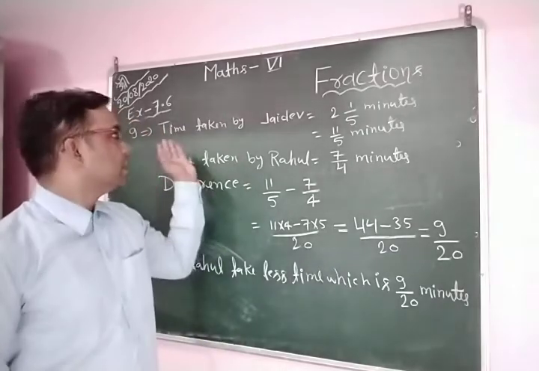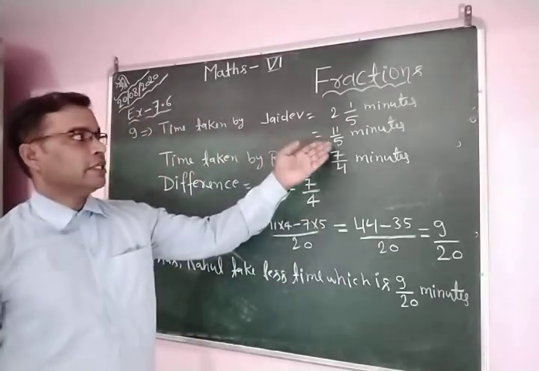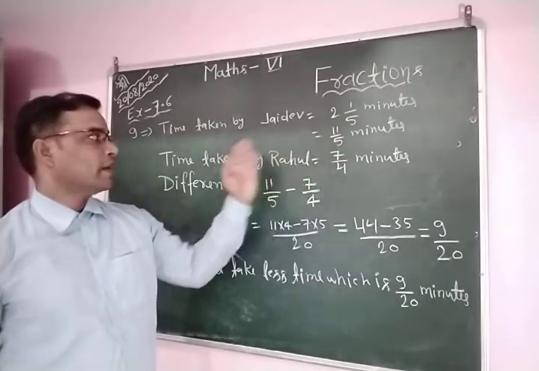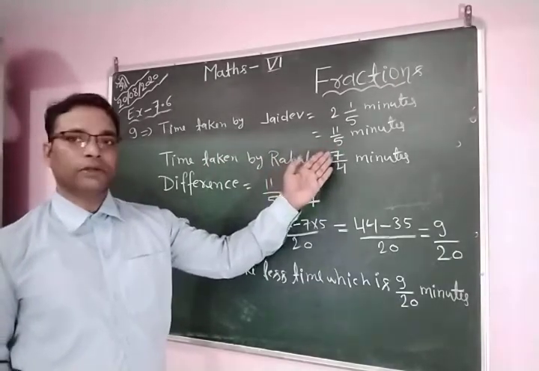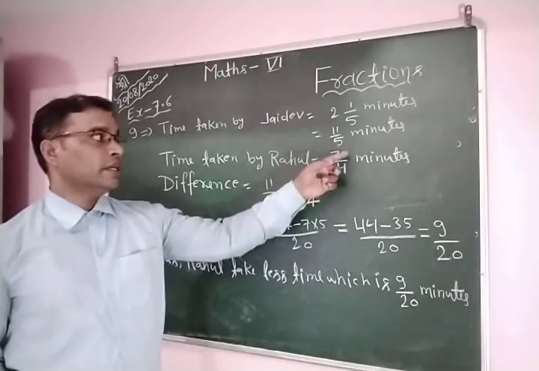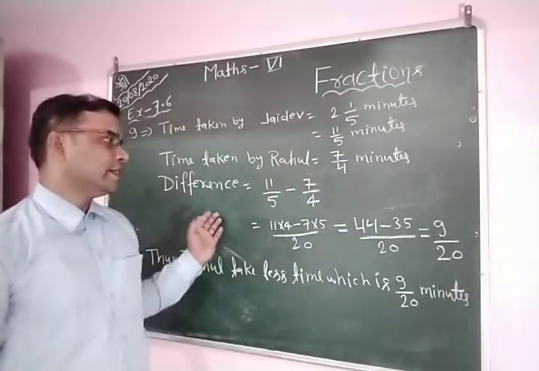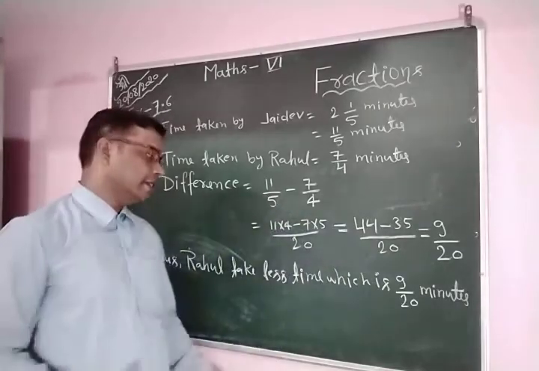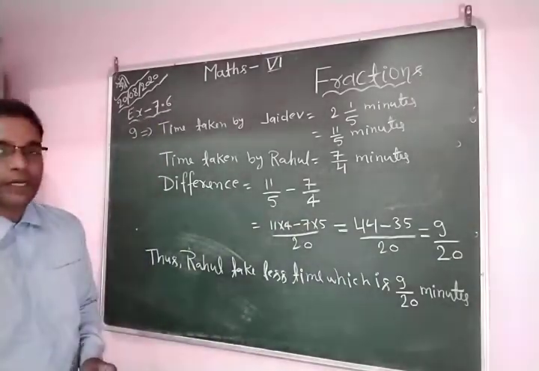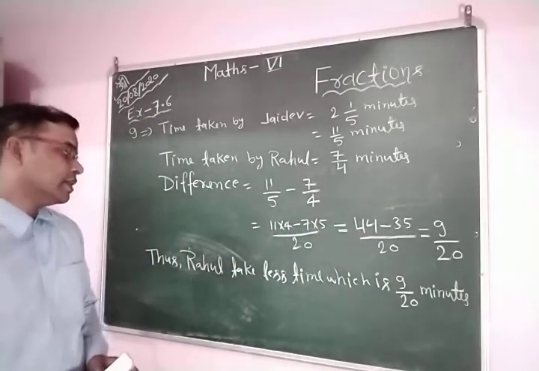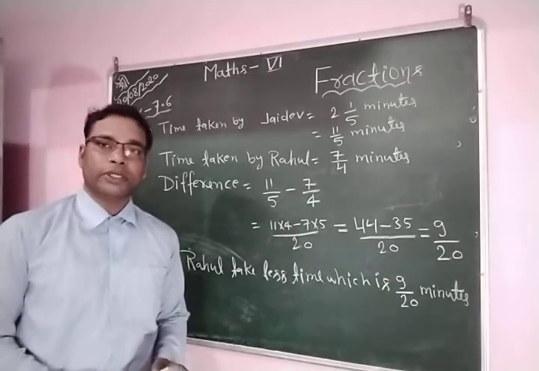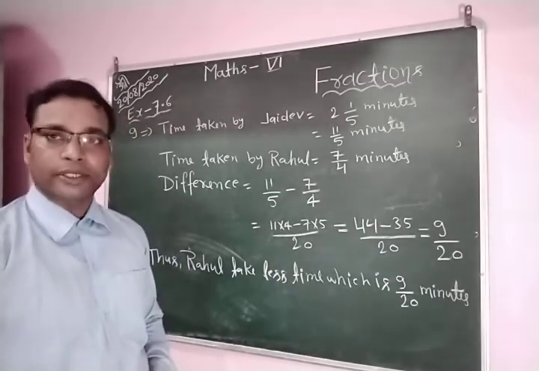The time taken by Javed is 11/5 and the time taken by Rahul is 7/4. 7/4 is less than 11/5, and their difference is 9/20. So at last you can say Rahul takes less time, which is 9/20 minutes.